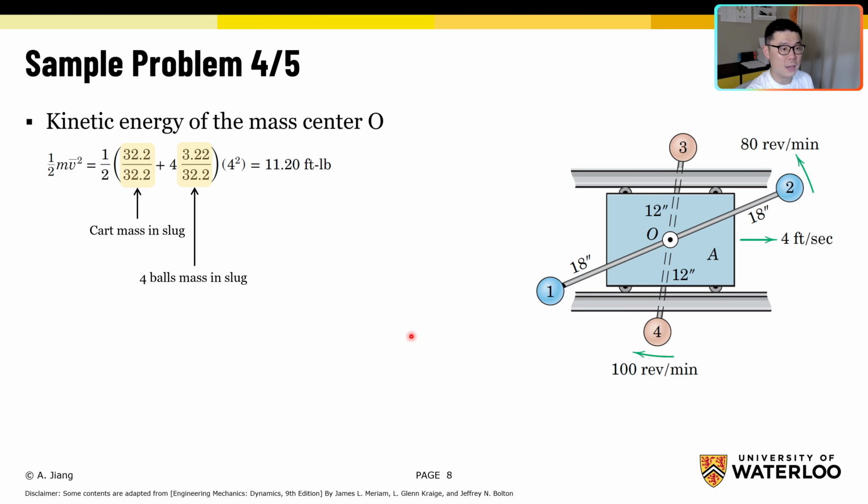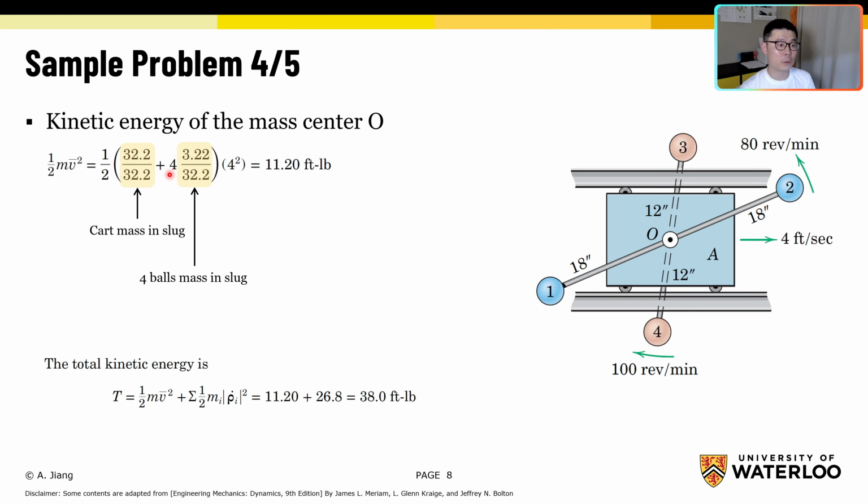Or you can think of them as inside the system boundary we drew at the beginning. So we have the mass calculated as the mass of the cart plus the 4 balls, the cart mass in slug and the 4 balls in slug times 4.